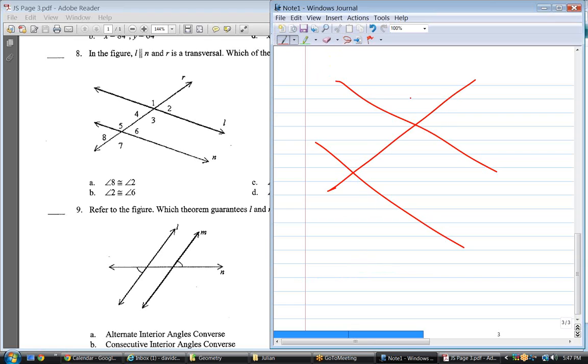Notice that in my drawing here, if I go from this point and draw a perpendicular, it's like that. That means this angle is 90 degrees, therefore the angle that's there right now is acute. And this one has to be obtuse because they are supplementary. They are always supplementary.